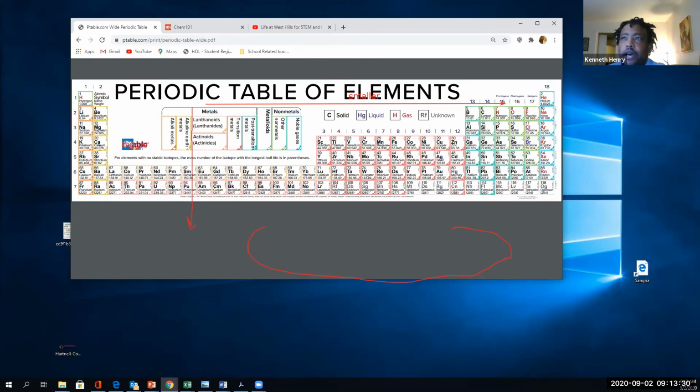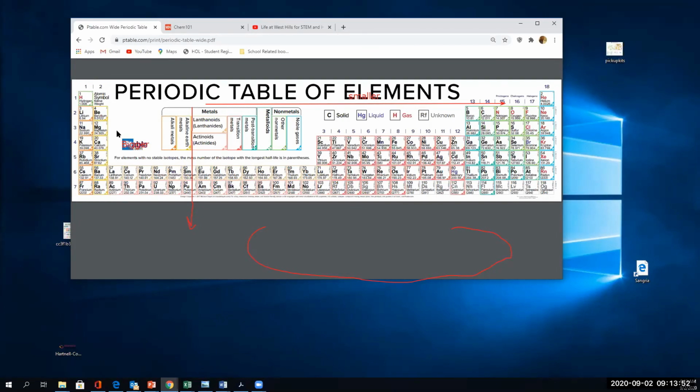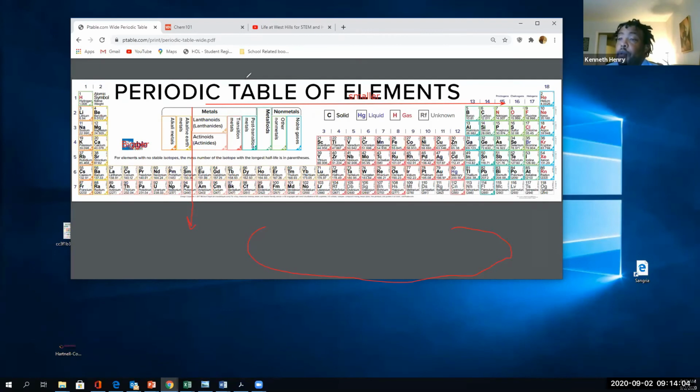So based upon your periodic table, who's going to be the biggest atom? And who's going to be the smallest atom? Hydrogen? Okay, so biggest is going to be who?